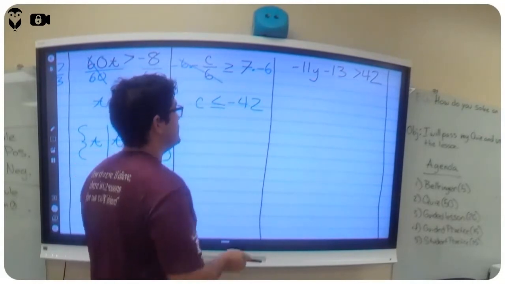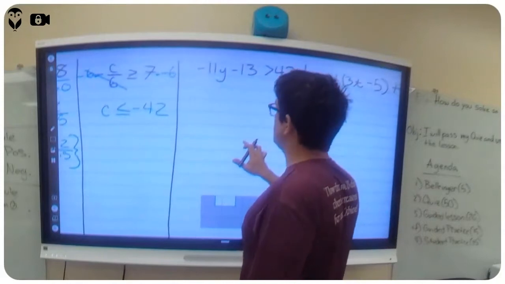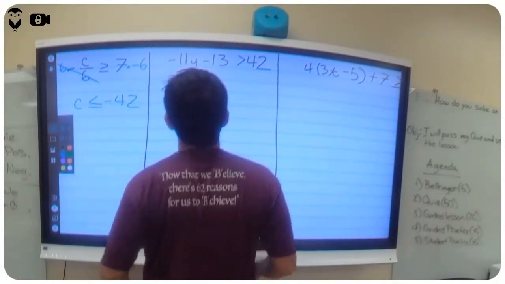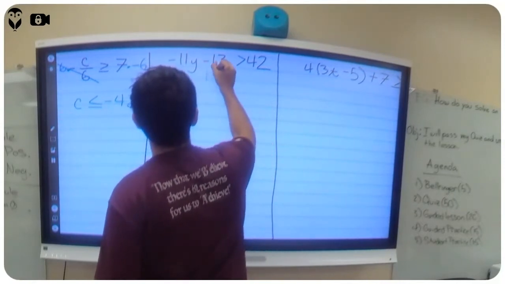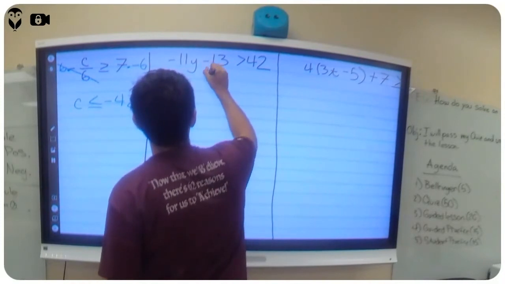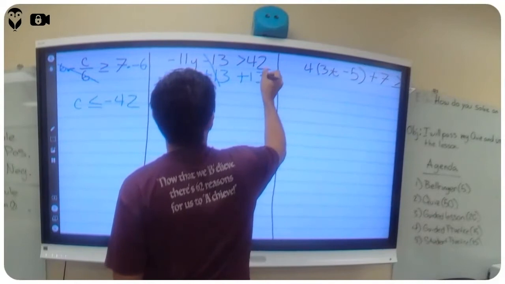Now this one over here is a two-step equation dealing with an inequality. So here we are going to add 13 to both sides. Add 13 to this side. Add 13 to this side.